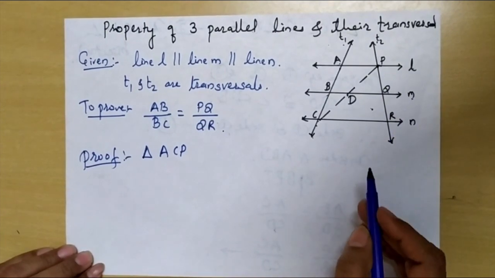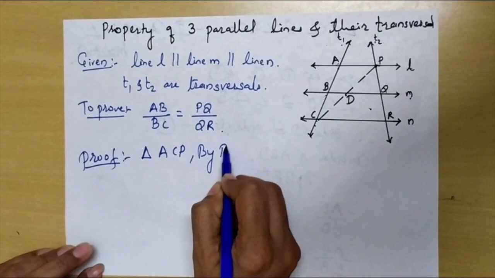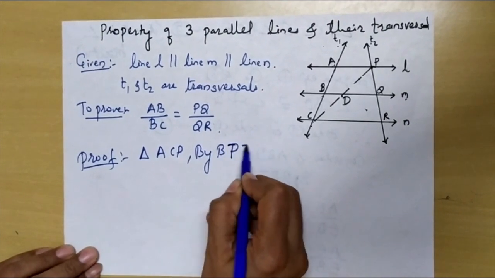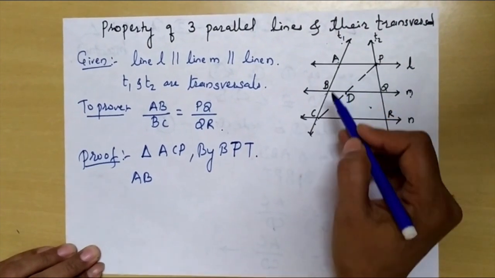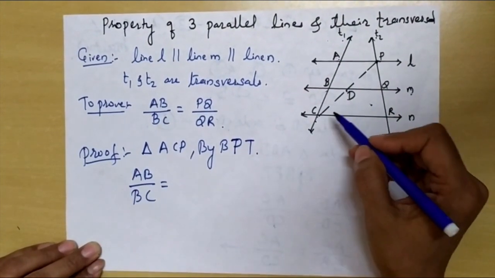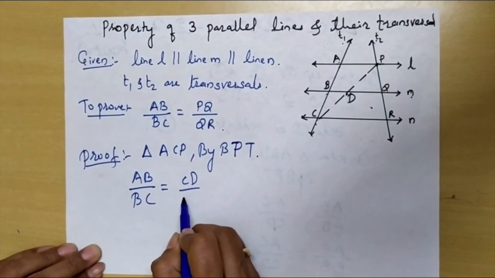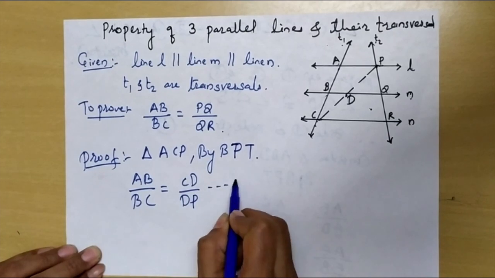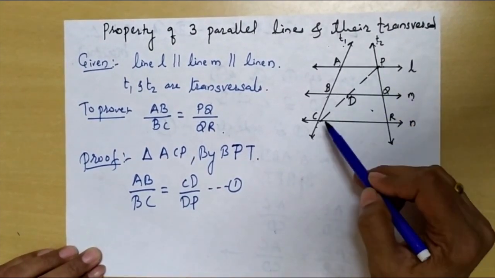So by the basic proportionality theorem, or BPT, we get the ratio of the sides AB upon BC is equal to CD upon DP. Equation first.